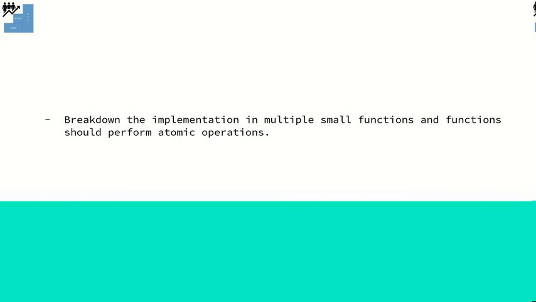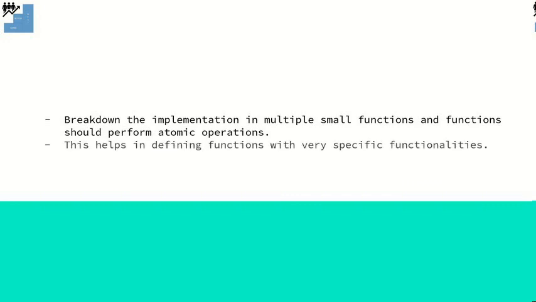And then the solution check functionality was only checking whether the solution exists or not. When we break down the bigger functionality into smaller functionalities, it has multiple uses. Firstly, it helps us in defining very specific functionalities. I have three functions, and each of these three functions has its own work to do.